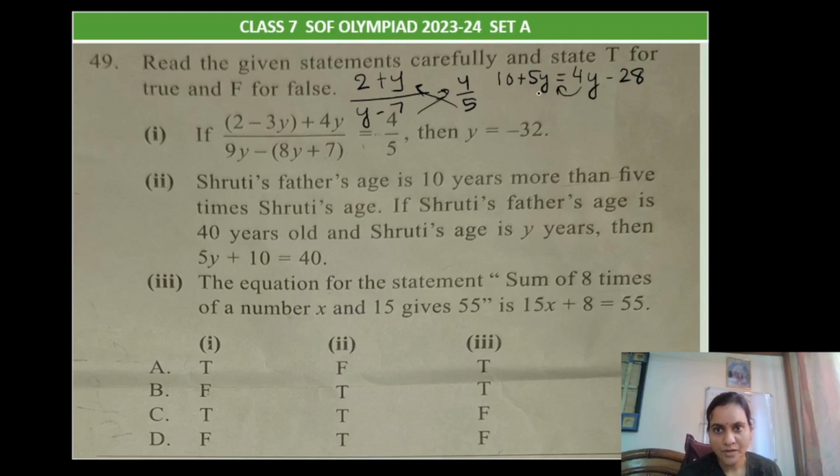So it will become 5y minus 4y equal to minus 28 minus 10. So that becomes minus 38. So y becomes minus 38. So y equal to minus 32 is wrong. We just got y equal to minus 38. So bit 1 is false. So either B or D now. Okay.